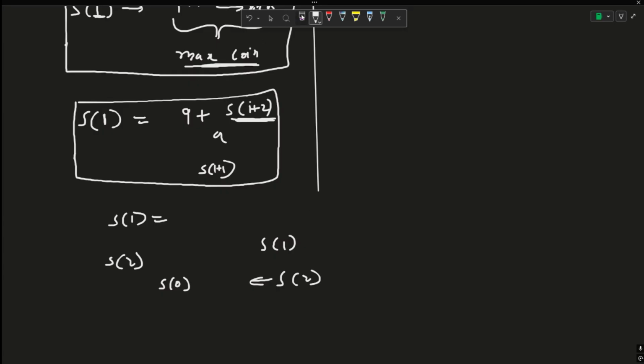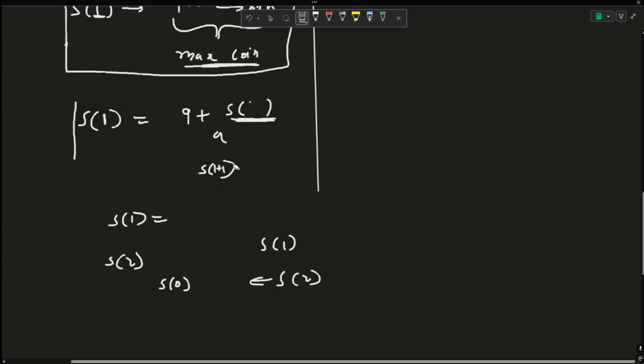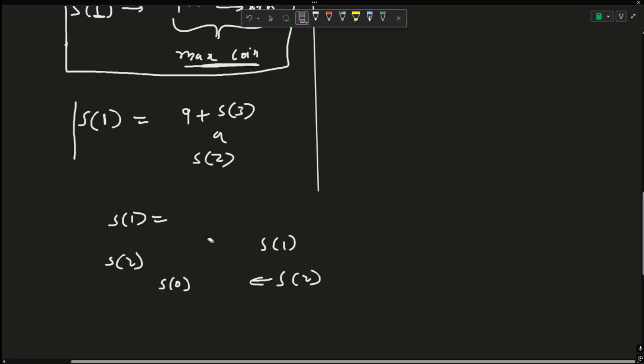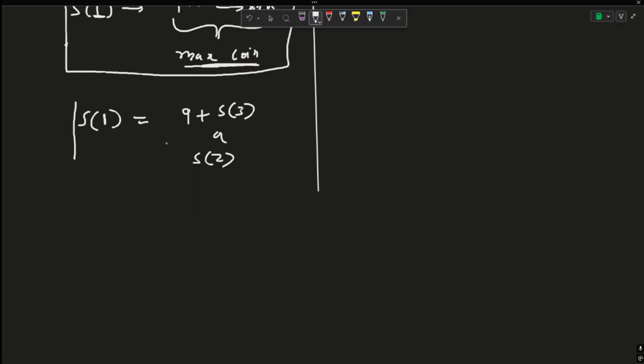See, in this case, if I put correct values, 1 plus 2 would be 3 and 1 plus 1 would be 2. So this is valid, this is also valid.